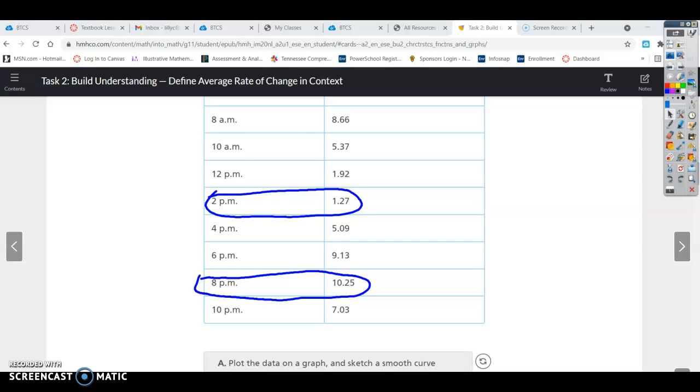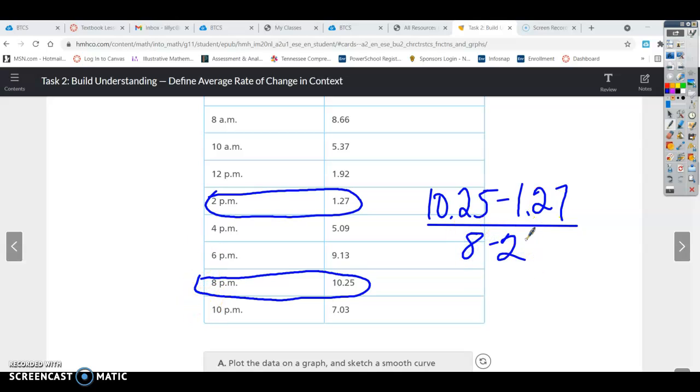All right, so hopefully you took your y values, 10.25, subtract 1.27, and divide that by 8 minus 2, and then you're going to get 8.98 divided by 6, and that's about 1.5.